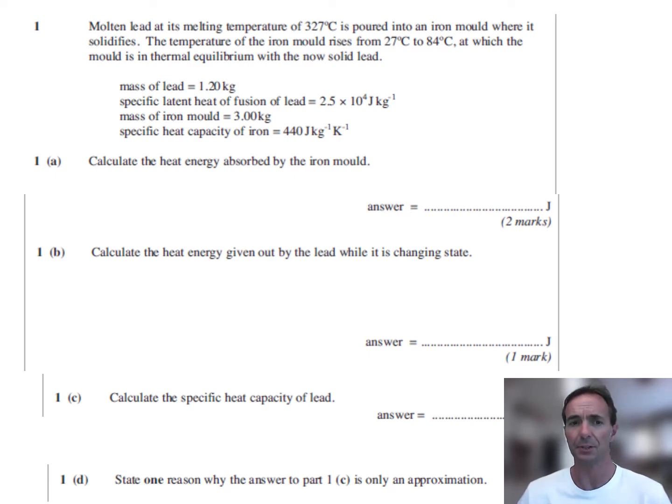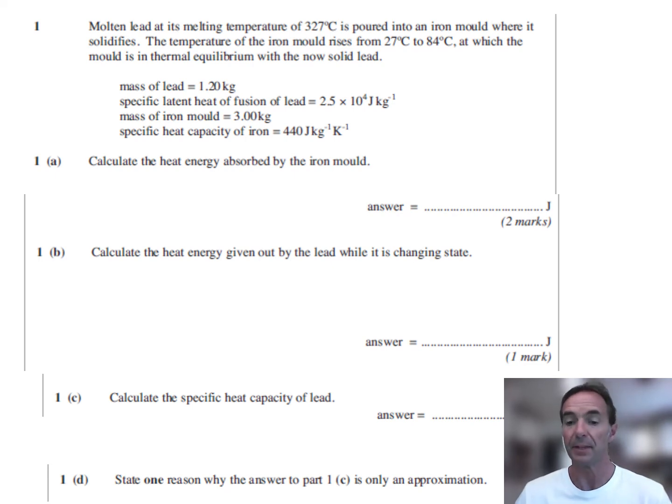I'll just say that again because it's really important. It's solidified, then cooled down. That means that its energy transfer has gone into solidification, fusion, and into specific heat capacity as well. In other words, its temperature has changed. So you've got two parts of the energy that's been given up to the iron.